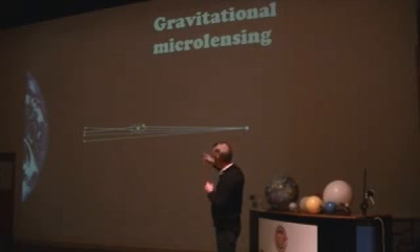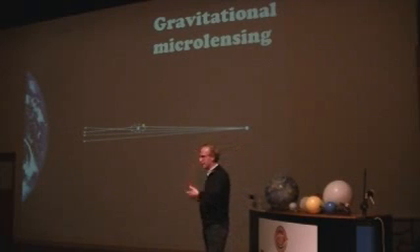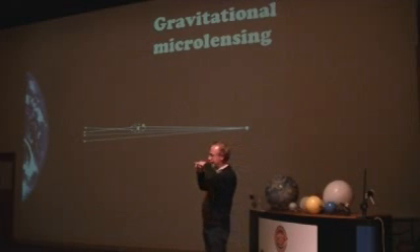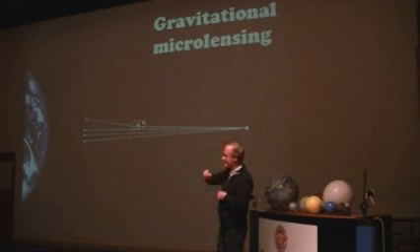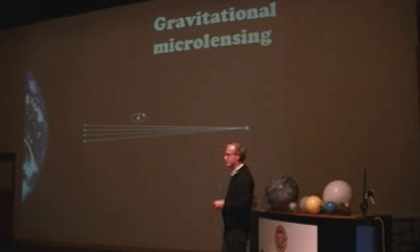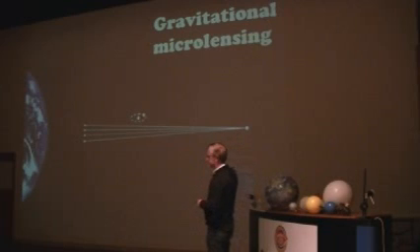It'll be a little bit more complex because it's got the planet as well contributing to this change of brightness. And so by doing a lot of calculation, they can determine that there are planets orbiting these stars as they just happen to line up. And of course, after a period of time, that star will have drifted away and its gravity no longer affects the light from this distant star.